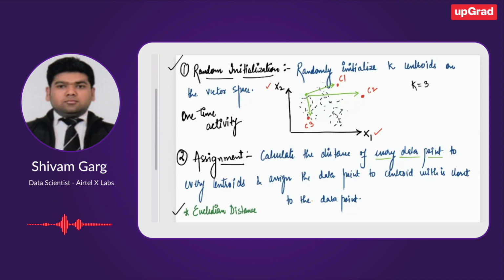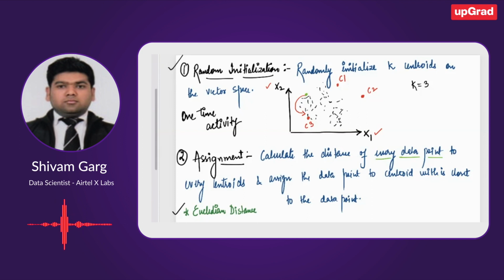And I will assign the data point to the centroid which is closest. So let's assume I calculate the distance with all 3 of them, and let's say this data point is closest to C3. So I will assign this data point to C3 then.